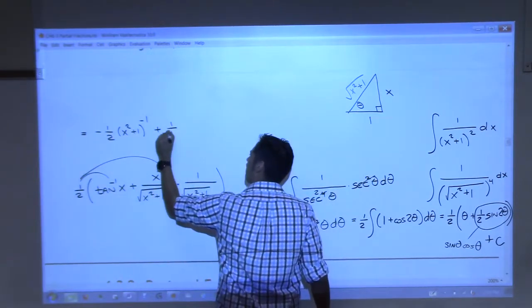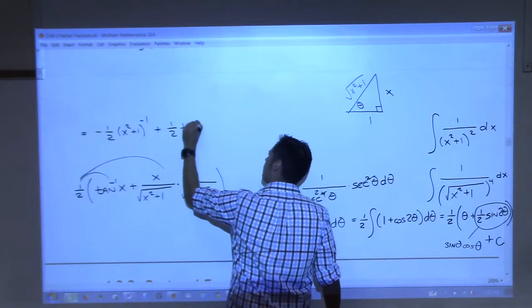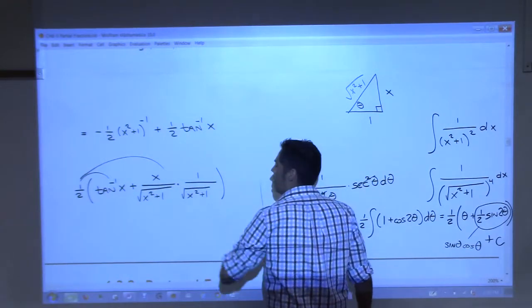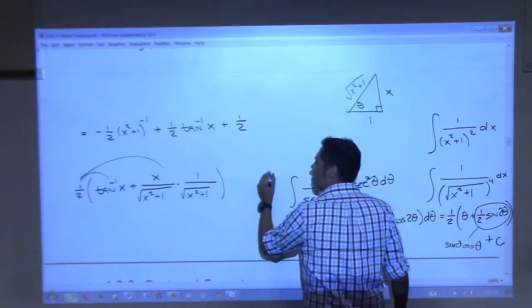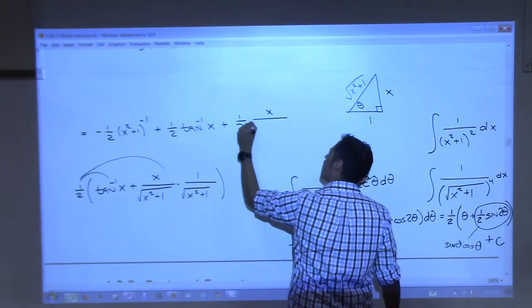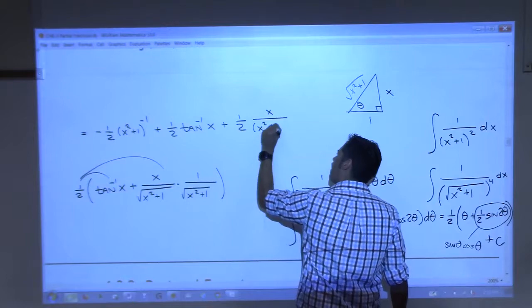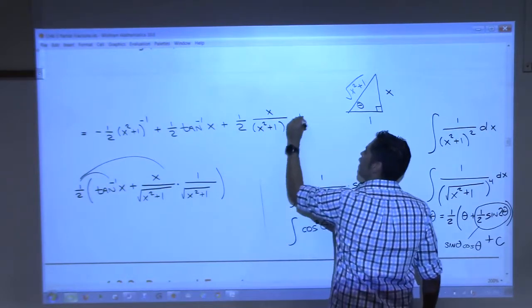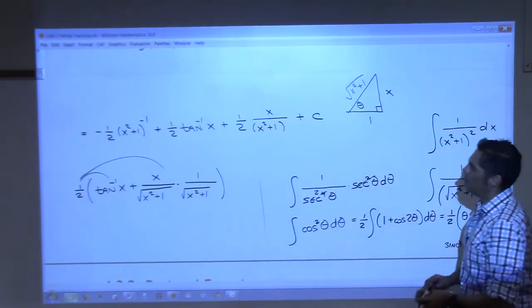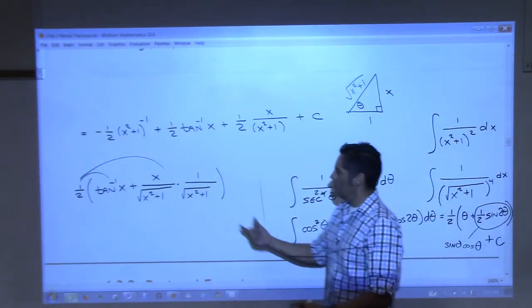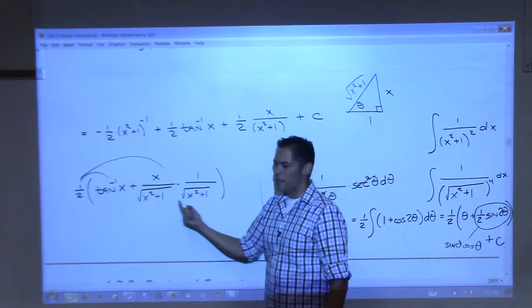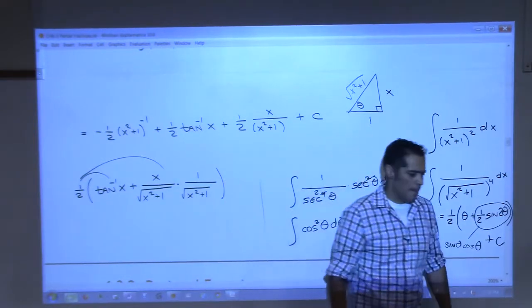So I'm going to have a half of a tangent inverse of an x. And then I'm going to have another half. And then this one is going to become x over x squared plus 1 plus c. Y'all see what I did there? I multiplied those two fractions together. I put these together, that was x up top, and since these were the same, the roots go away.